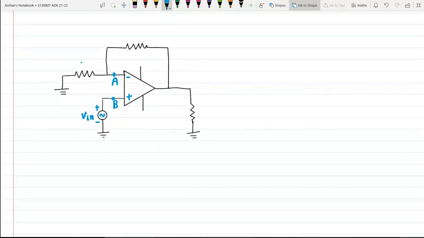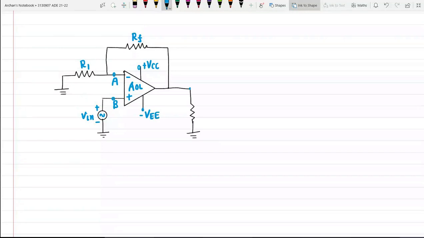Okay, these are usual resistances R1. Here is my resistance, feedback resistance RF, right? And this will provide us some open loop gain, say AOL. It is supplied by dual supply, positive VCC and negative VEE.